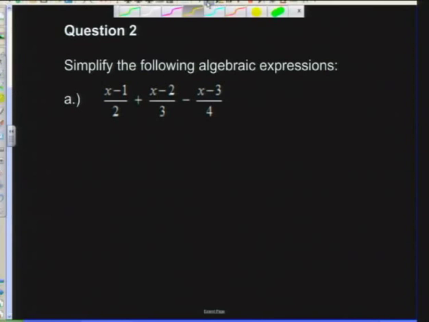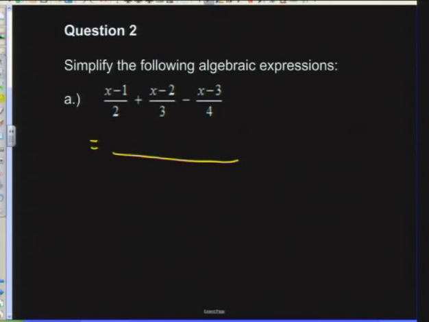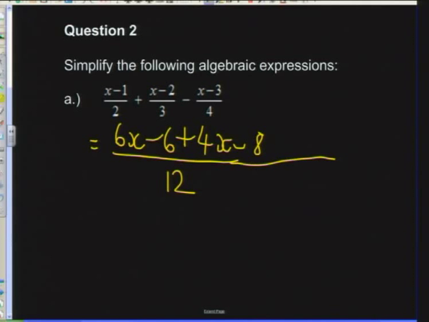Okay, so we've got my common denominator: halves, thirds, and quarters. 12ths will do. So 2 into 12 goes 6 times, so I've got 6x minus 6. 3 into 12 goes 4 times, so I've got 4x minus 8. 4 into 12 goes 3, so I've got minus 3x plus 9.